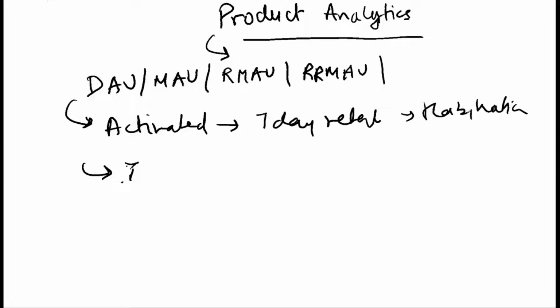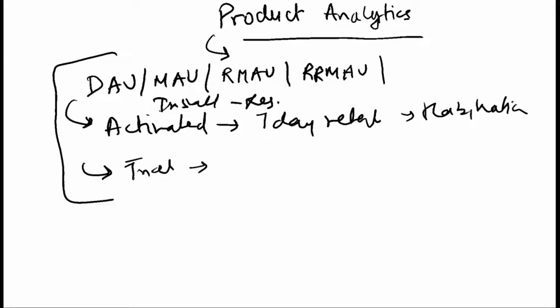Further up from here might be installs and registration, and further down from here could be trialers and so on. So this was talking about, for example, a premium app that gives some paid and free features.